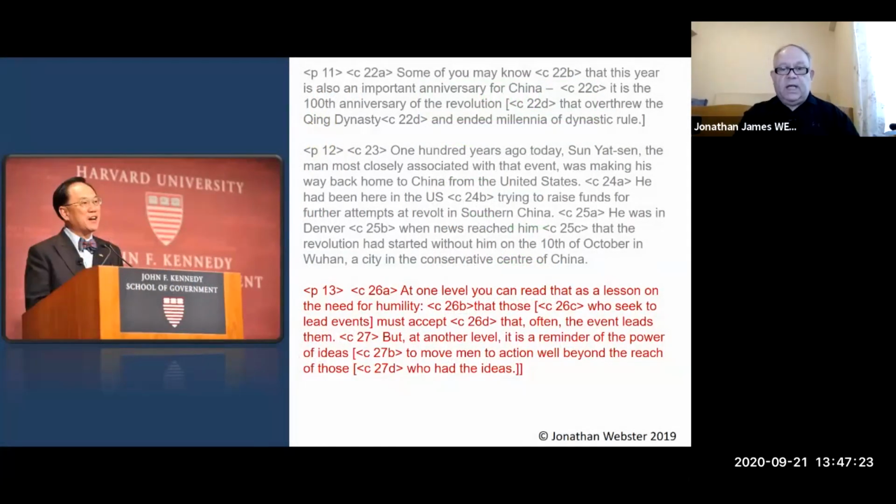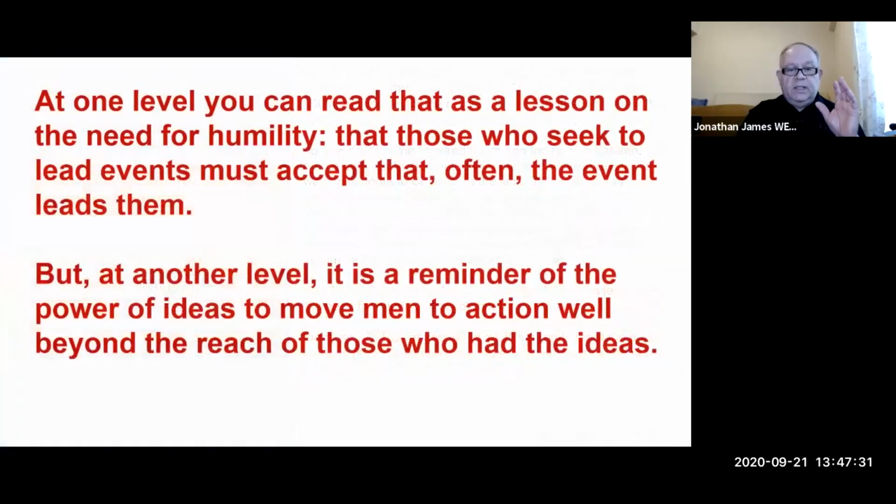Here I want to focus on just the last paragraph of what he said here. And this is paragraph 13. In this paragraph, he says this. At one level, you can read that as a lesson on the need for humility, that those who seek to lead events must accept that often the event leads them.